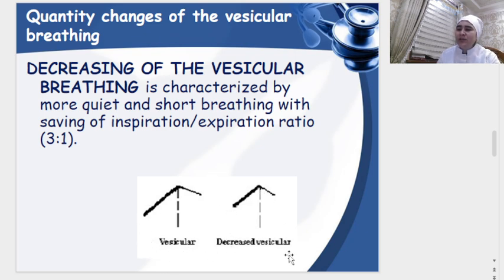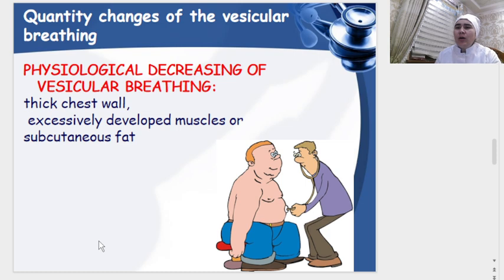This is a decreased vesicular respiration picture. Okay, next. Physiological decreasing of vesicular breathing: thick chest wall, excessively developed muscles or subcutaneous fat.